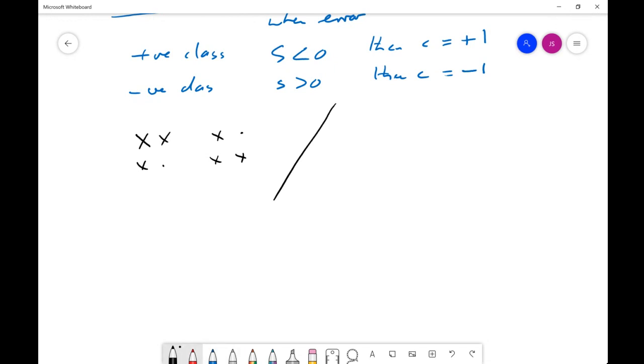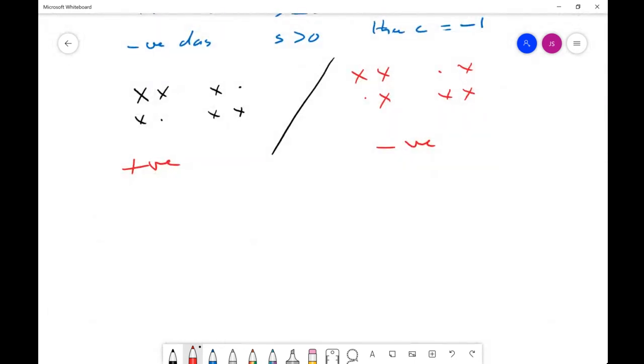And let's change the color. There is going to be that pattern and that pattern. First of all, you arbitrarily decide which class they're going to be. Let's have this positive and this negative. It could be the other way around, but that's a labeling you have to do.